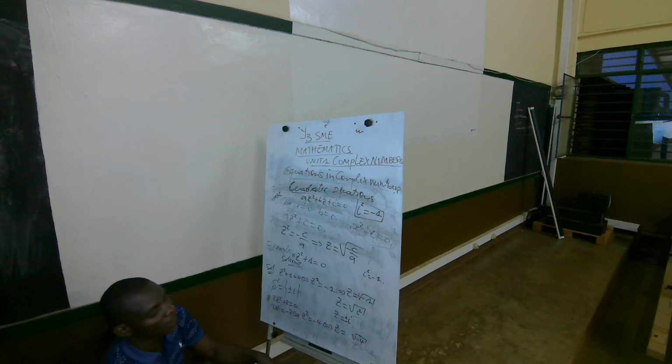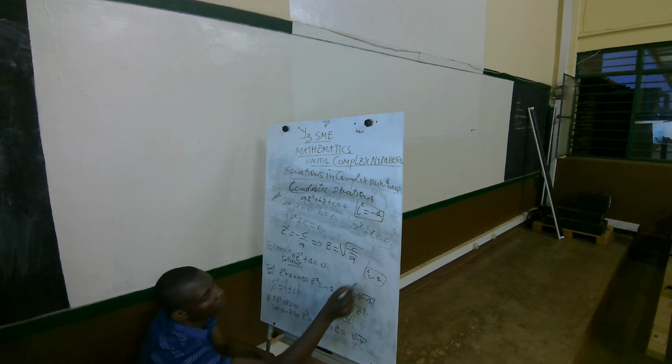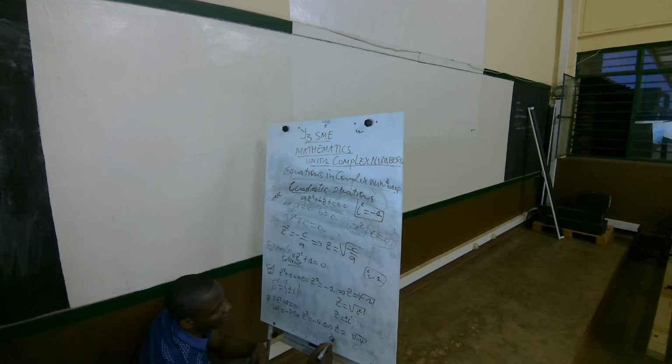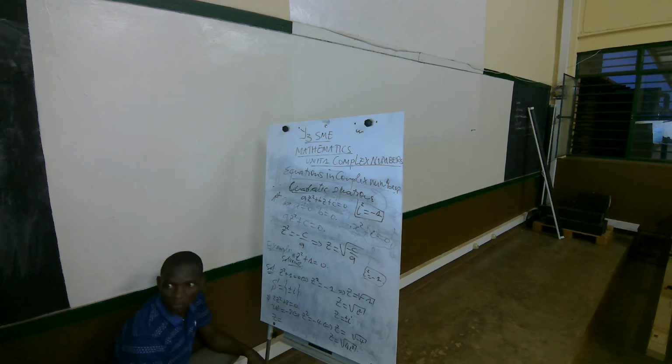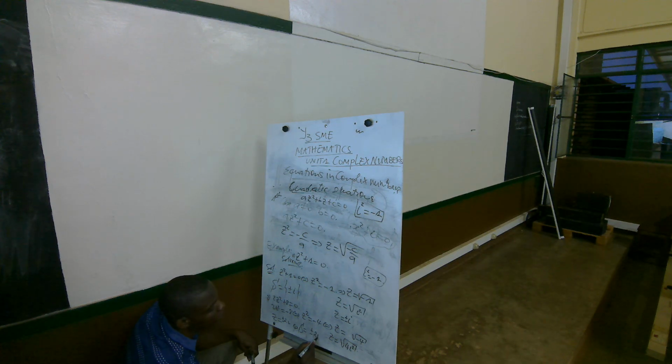You know that i squared is equal to negative 1, so z is equal to the square root of 4i squared. This will be z equal to plus or minus 2i. Now we say that the solution for this equation will be plus or minus 2i.